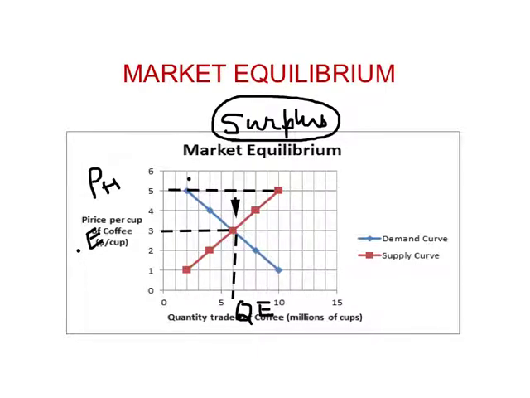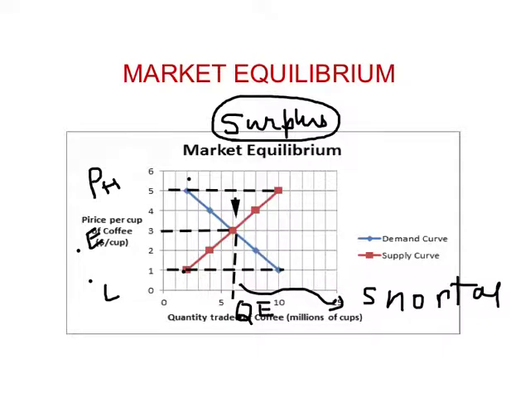And look at a price which is lower. Let's call this PL, a term that we have used in the past. And at this price, suppose this is $1 per cup, what you find is here demand is greater than supply, and what you have is a situation of shortage.